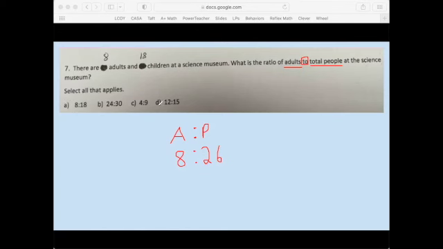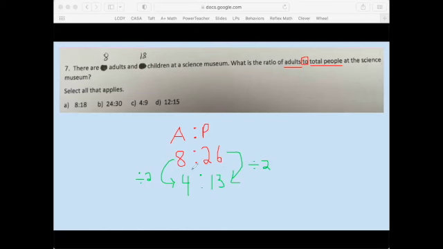Now, I don't see that answer choice here. So what I'm going to do is I'm going to simplify both of these values. I know that 8 and 26 can both be divided by 2 for the simple fact that they're both even numbers. 8 divided by 2 will get me 4. And 26 divided by 2 will get me 13.